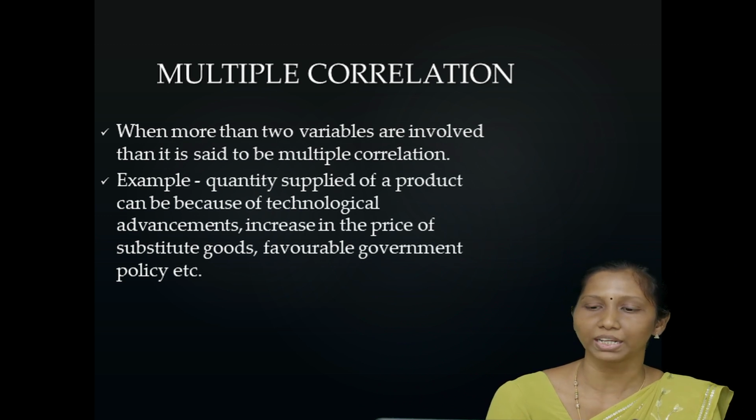Example, quantity supplied of a product can be affected by technological advancement, political environment, increase in the price of substitute goods, government policy, taxation, etc. So many variables will affect the one variable. If you are studying the relationship of more than two variables, we can say it is a multiple correlation.